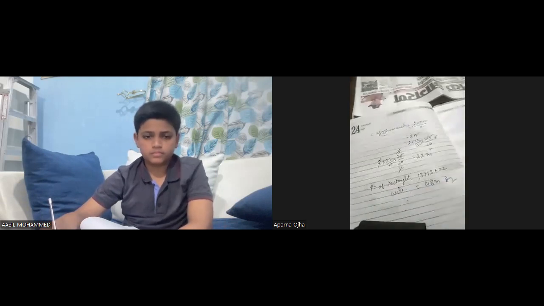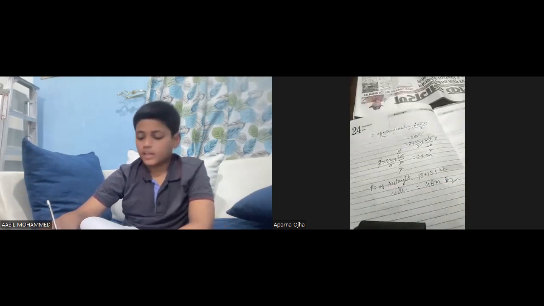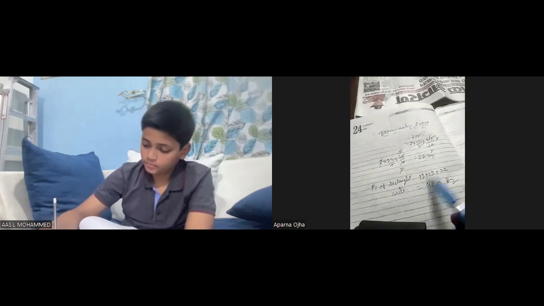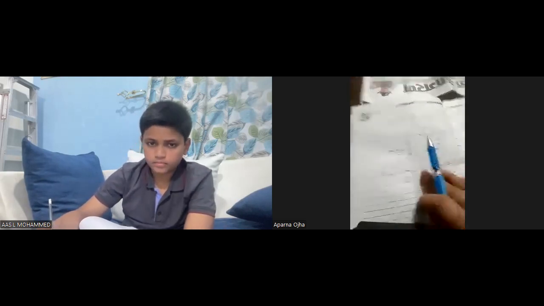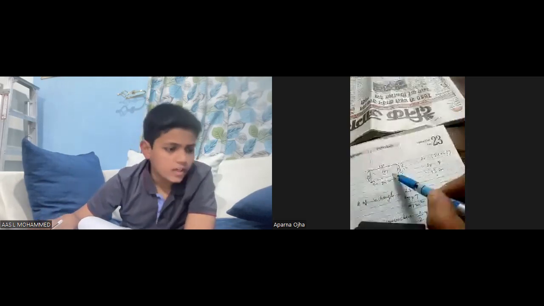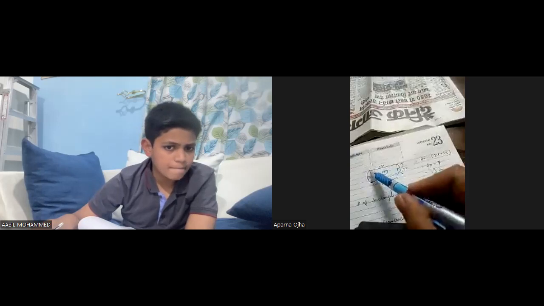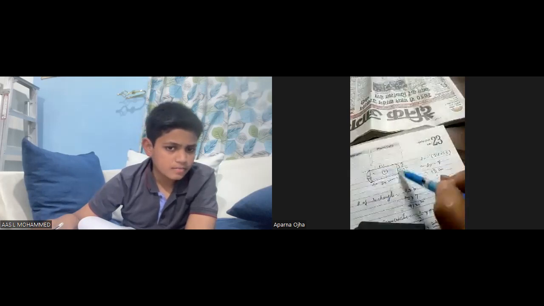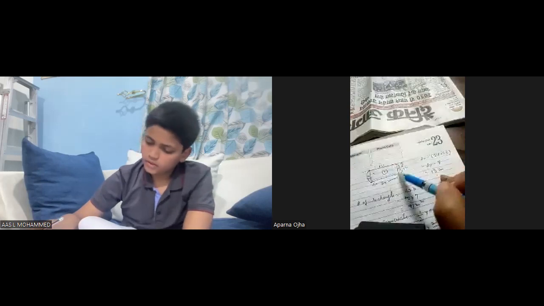I will show you by the figure. You can see in the figure, this is 13, this is also 13. And this both side, how much is that, which we got of the circle? 22. The perimeter of the circle which we have got is 22.